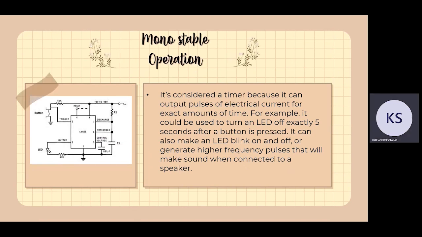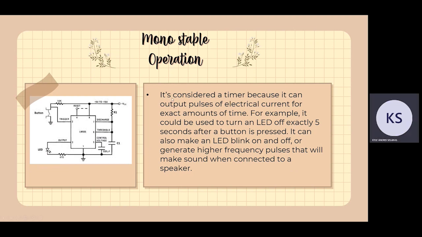Monostable operation. In short, monostable operation is a one-shot type of circuit that is used with a button. When we press a button, the LED turns on, and I will elaborate on it in the next slide.